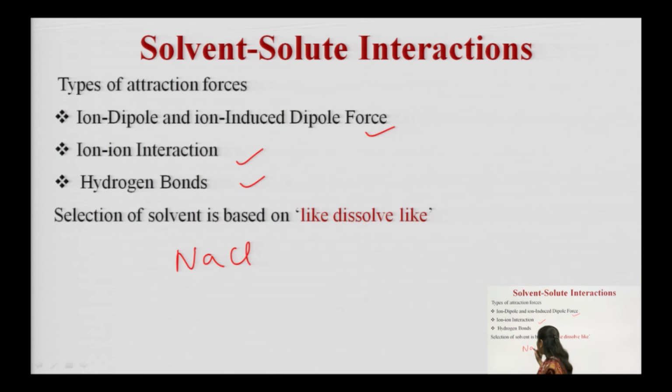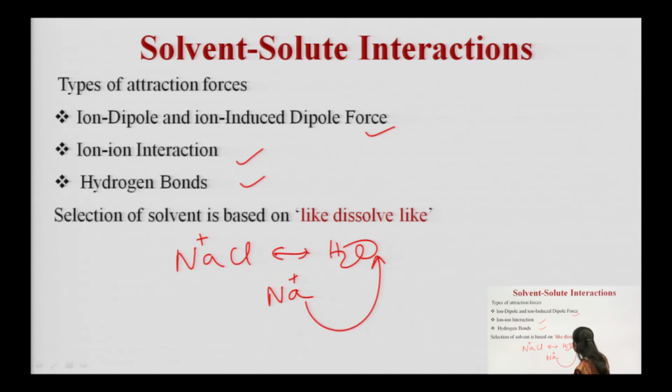Sodium chloride is bound together by electrostatic force of attraction, and when it comes in contact with water, the cation, that is Na plus, is attracted towards the negative part, that is the oxygen of water, and the chloride, which is the anion or negatively charged ion, is attracted towards the positive hydrogen of water.